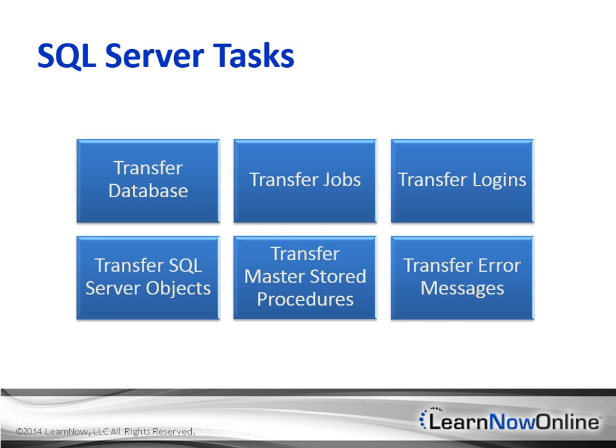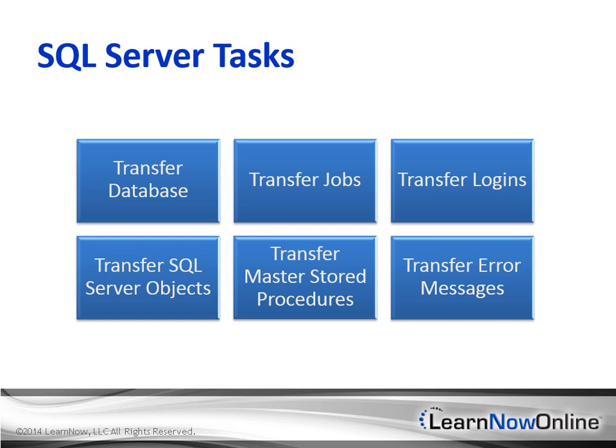Transfer logins lets you copy logins. I'll talk about the Transfer SQL Server Objects task in just a second. And then there's the transfer master stored procedures task. This transfers user-created stored procedures from the master database of one server to the master database of another server. And then the transfer error messages task transfers error messages from one server instance to another.